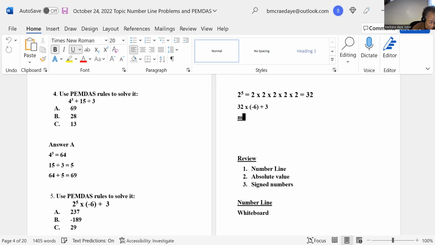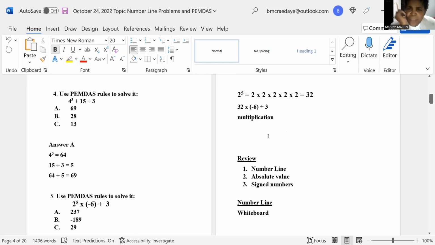Well, there's more than one, so let me put them here. Multiplication has several symbols to represent it. What is one of the symbols? How do you know something is a multiplication?